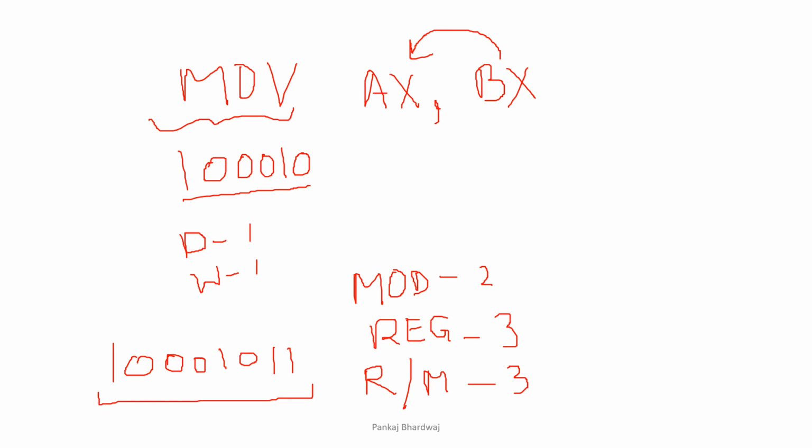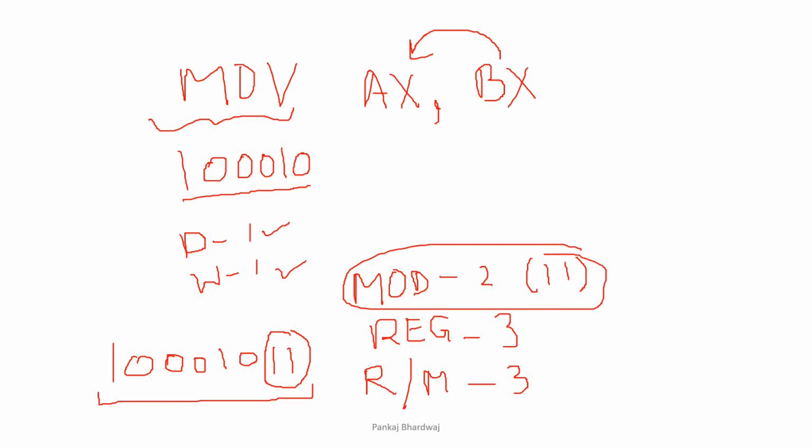So MOD is clear. MOD is 2 bits, that means it is 11, because the data is moving from register to register, and W is 1 as it is of 16 bit. Similar to this, MOD will be 11. Register, that means we are having the register that is related to AX register.